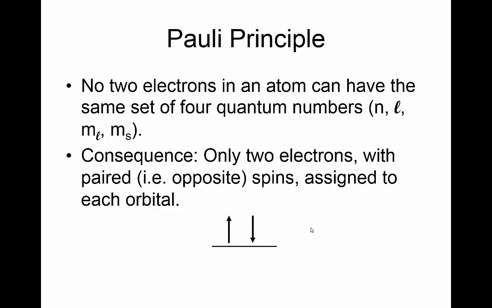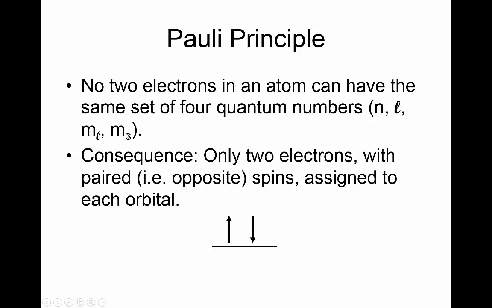Our second rule is something called the Pauli Principle, or the Pauli exclusion principle. And it's stated this way, that no two electrons in an atom can have the same set of 4 quantum numbers. So remember, there are 3 quantum numbers associated with an orbital, n, l, and m sub l, the principal, angular momentum, and magnetic quantum numbers. And now we've got this new one, the magnetic spin quantum number.